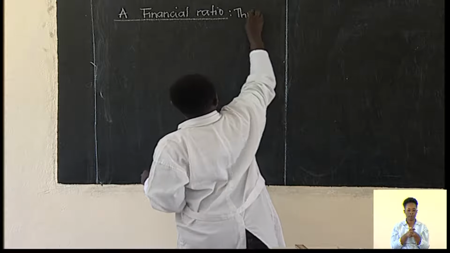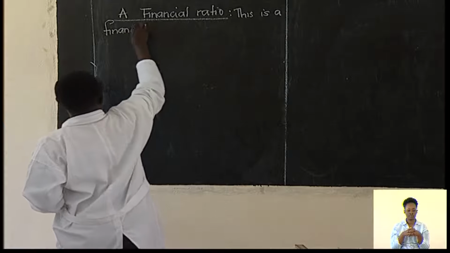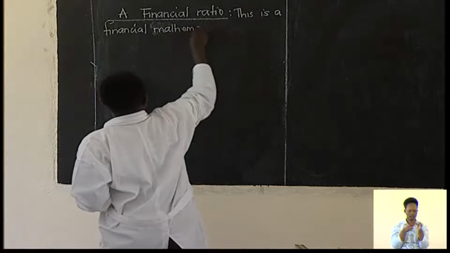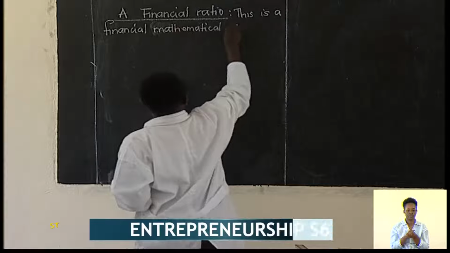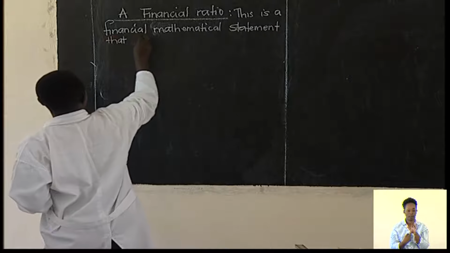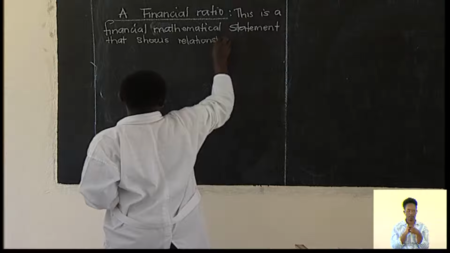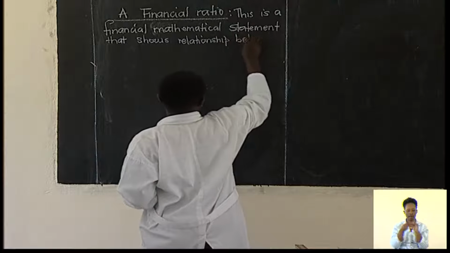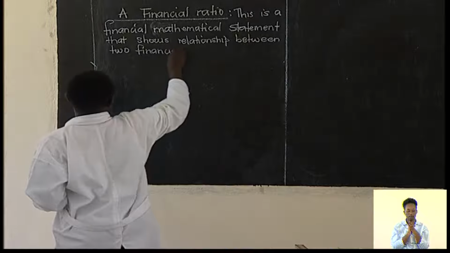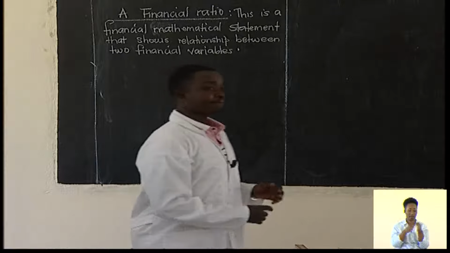This is a financial mathematical statement that shows the relationship between two financial variables or quantities.